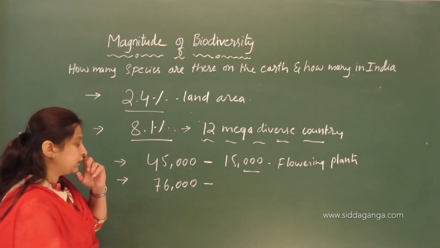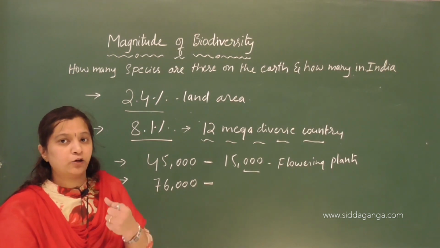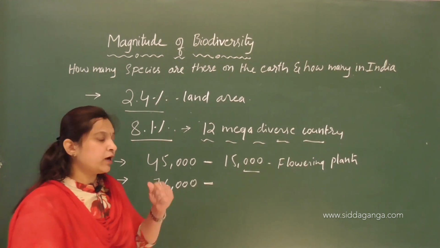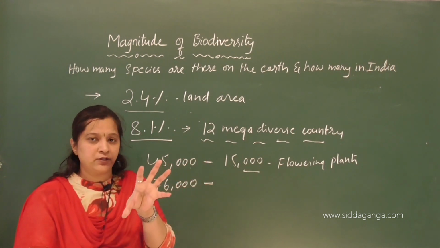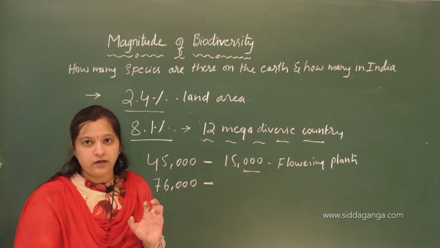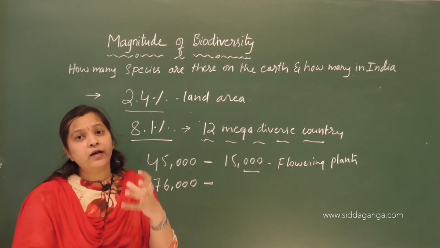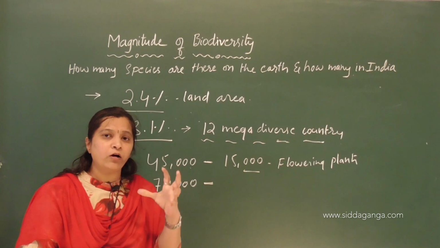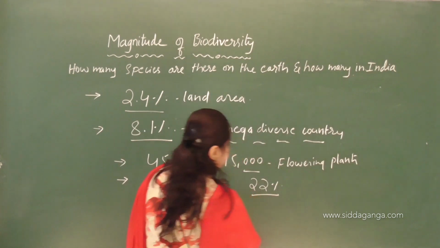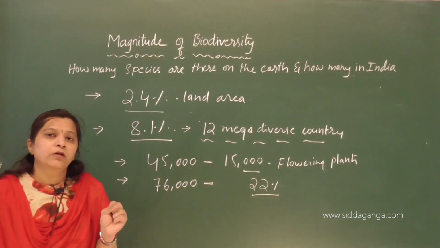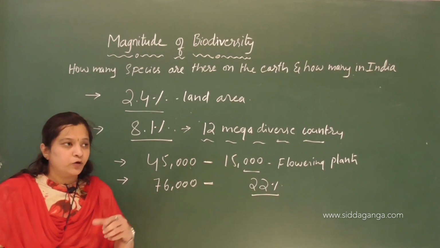So we can estimate this if we accept Robert May's global diversity estimation, which is 7 million. If we accept that number, the discovered and described species among them is only 22%.